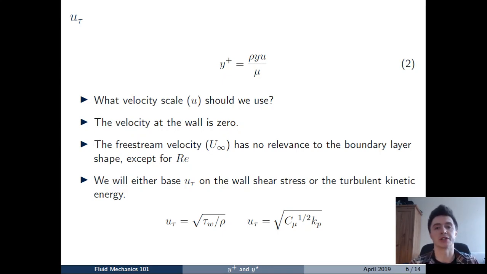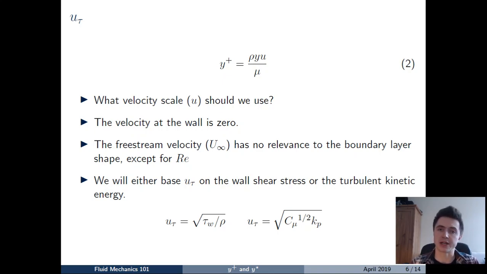If we increase the free stream velocity, that's going to affect the values of the velocity in the bulk flow or at very high values of yPlus, say 200 or 300. So the free stream velocity actually has very little relevance on the universal shape of that profile close to the wall, and we also can't use it for our velocity scale. At this point there are two choices that we could make for our velocity scale u.